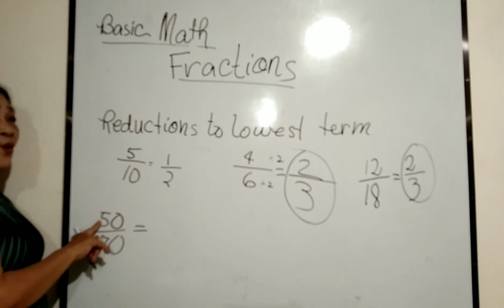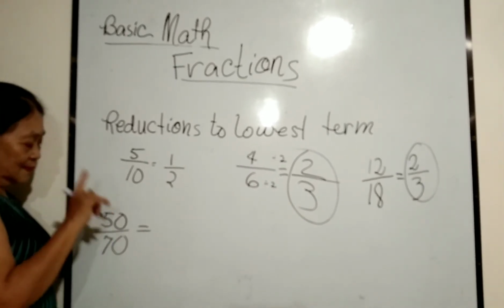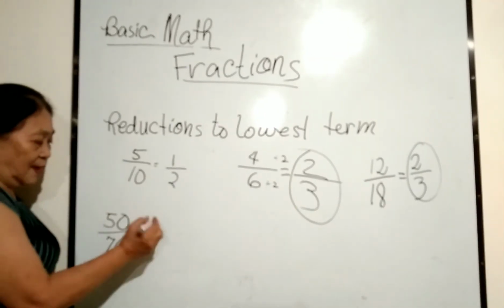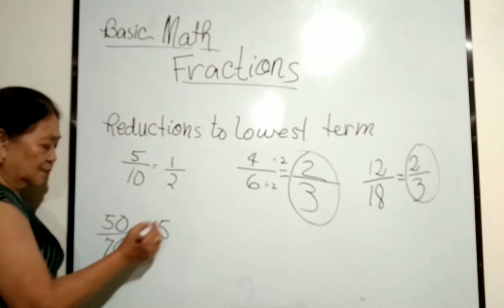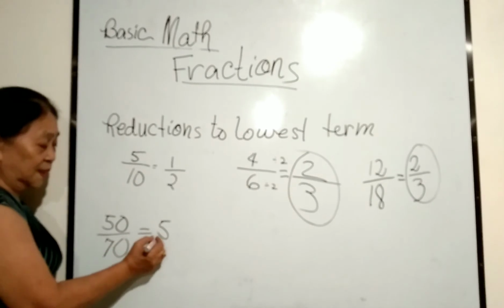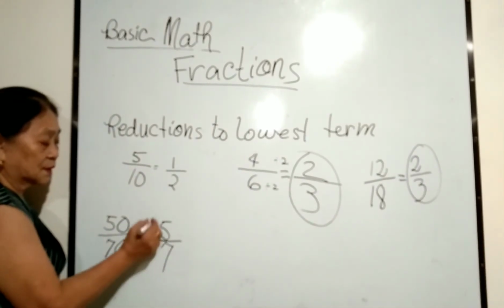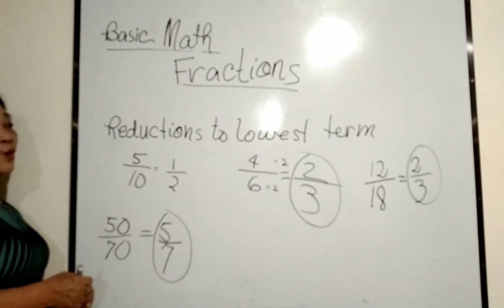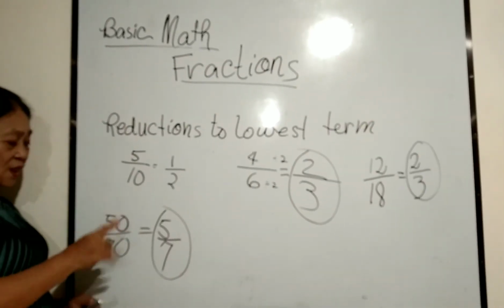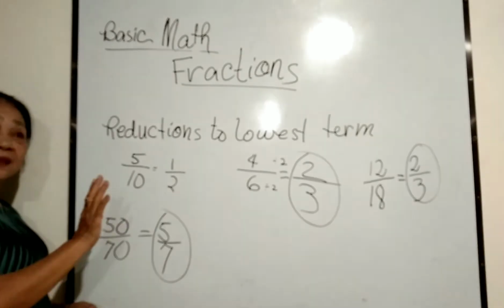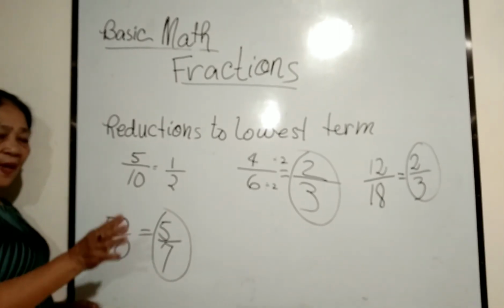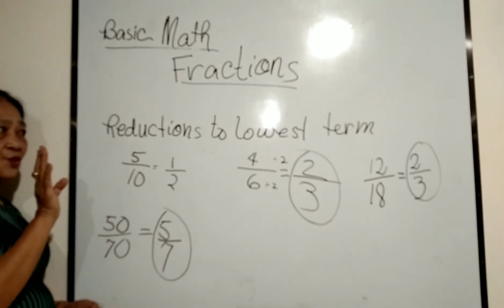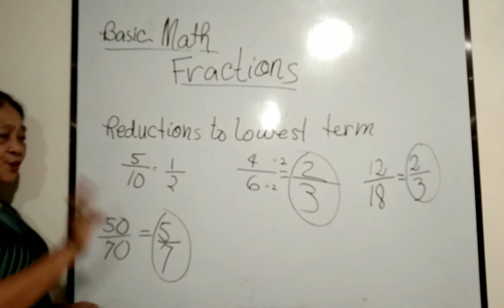So, I am going to use 10. 50 divided by 10 is 5. 70 divided by 10 is 7. Simple. What do you mean by lowest term? Changing this number to its simplest form. That is reduction of fraction to lowest term.